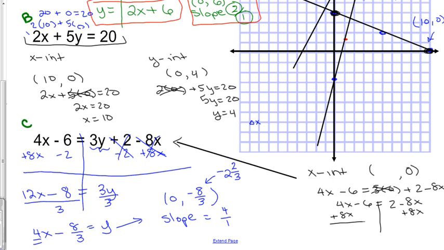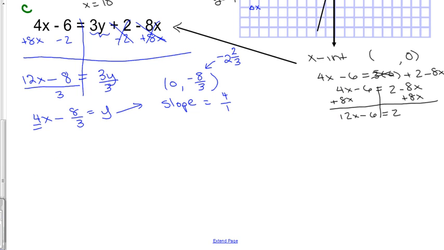And so I get that 12x minus 6 equals 2. And now I'm going to want to get the x alone. So I'm going to add 6 to both sides. And that gets me that 12x equals 8. And when I divide by 12, simplifying this fraction, x equals 2/3.